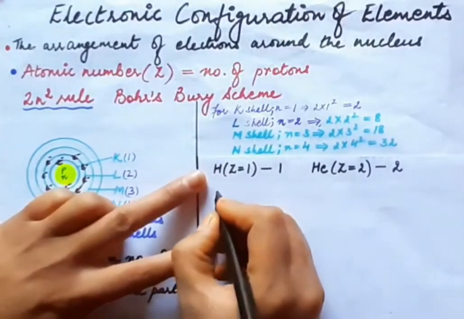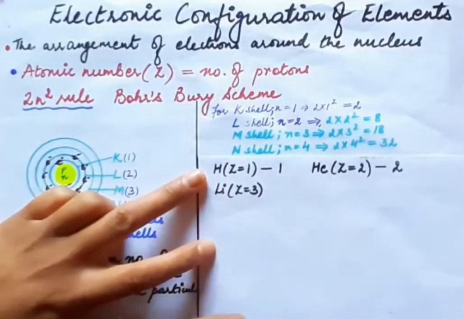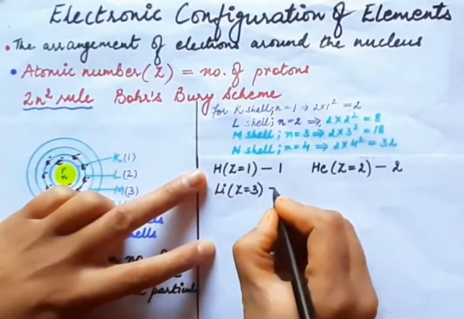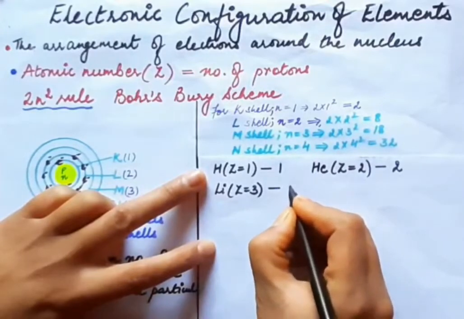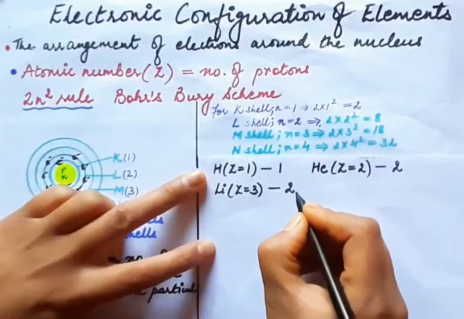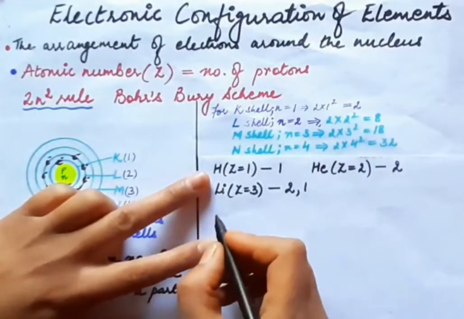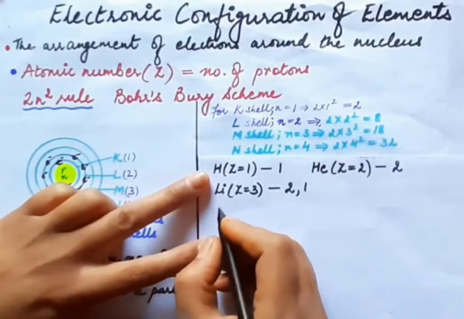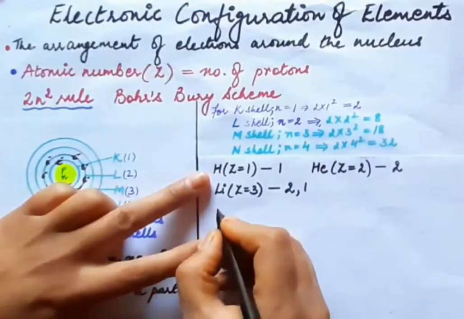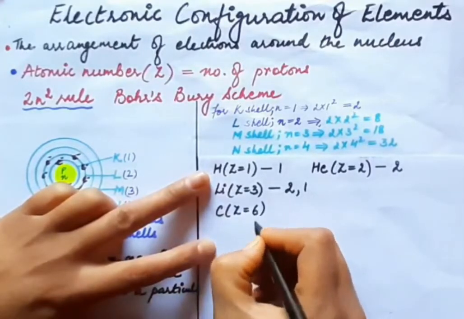Let's start with lithium, atomic number 3. Now when we write down the electronic configuration, the first shell is completely filled. The remaining electron moves to the second shell. Now from lithium, when we move on to the next element, let's say we take the example of carbon. Atomic number of carbon is 6.